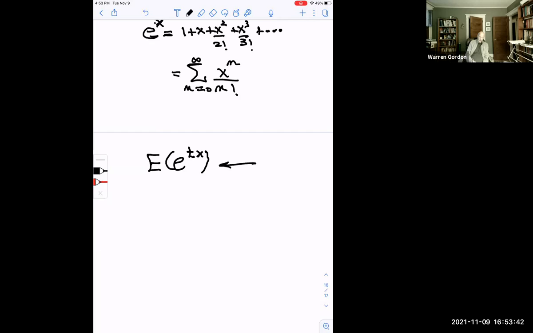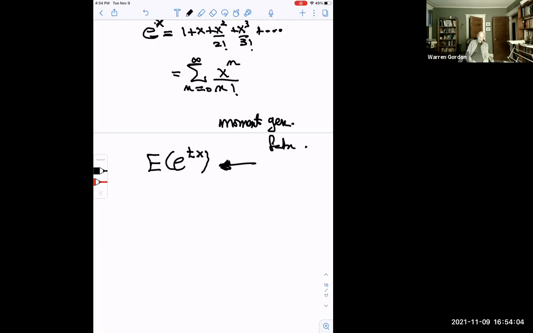Now you might say, wow, what is this about? Well, this is called a moment generating function. This will generate all the moments, and you'll see the importance of that.